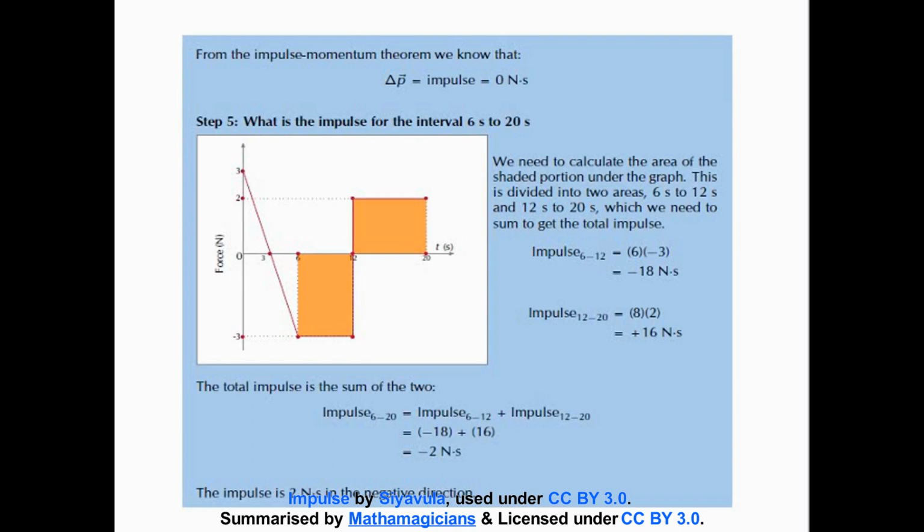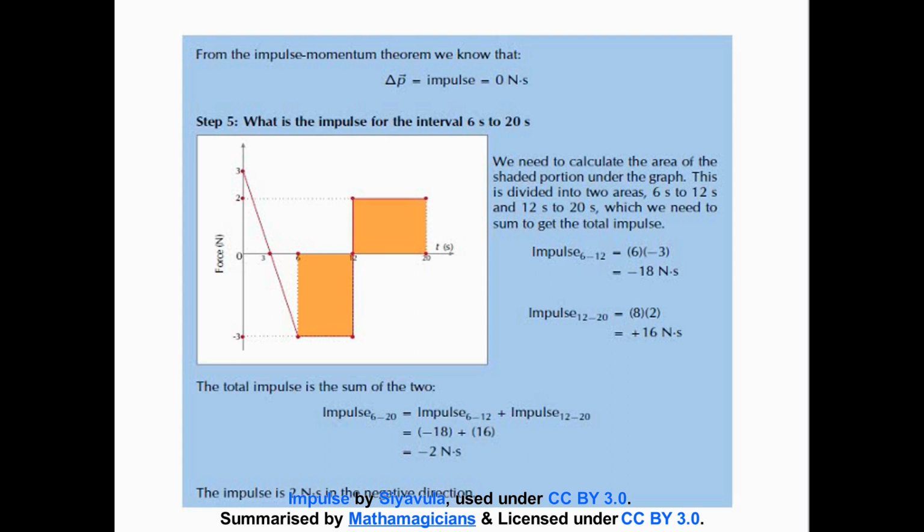So we're going to calculate it now from 6 to 20 seconds. Now we have two shapes involved here, so instead of breaking them up into separate questions, we're just going to include them in one calculation. Again, from the impulse-momentum theorem, we know that change in momentum is equal to impulse.